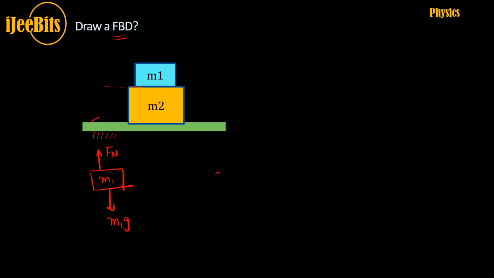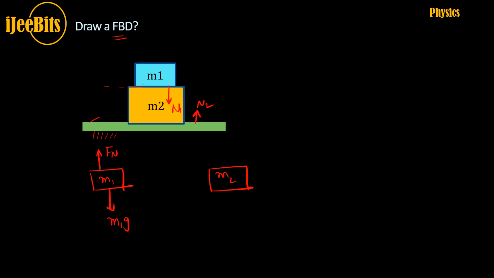Let's take m2. How many contact surfaces do we have? We have two contact surfaces for m2. One is this one, in the upward direction. Due to m1, one more contact surface, in the downward direction. Right? So let's look at both. I would say this is n1 and this is n2.